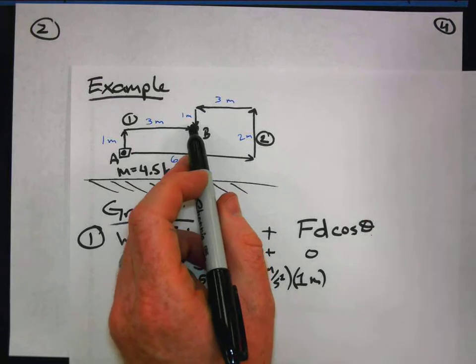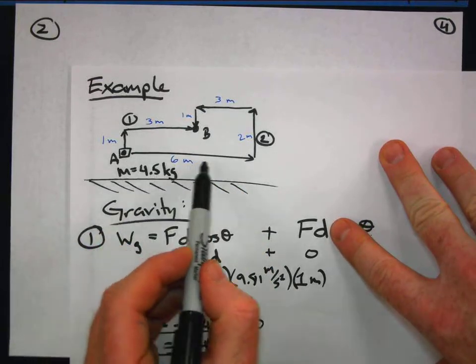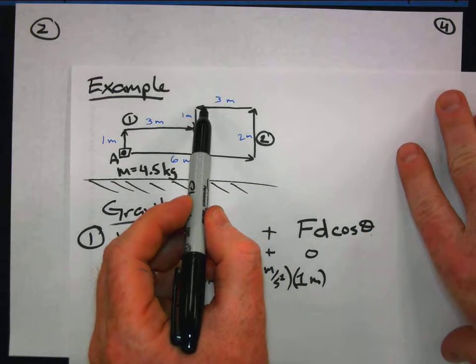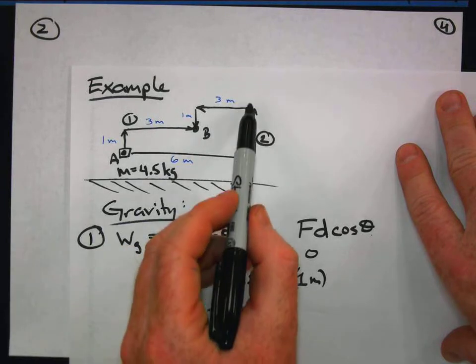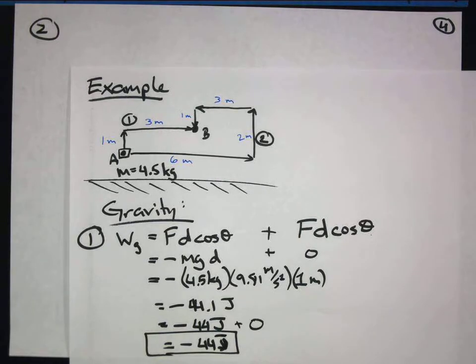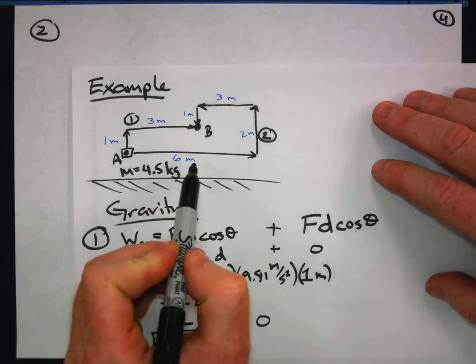But right away, I can see that for this 6 meter segment and for this 3 meter segment, the work done by gravity is going to be 0, because these distances are perpendicular, or 90 degrees, there and there. They're 90 degrees away from the force, from the downward weight. So I really don't have to do any calculation for those two segments at all.